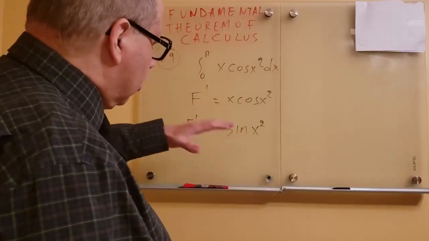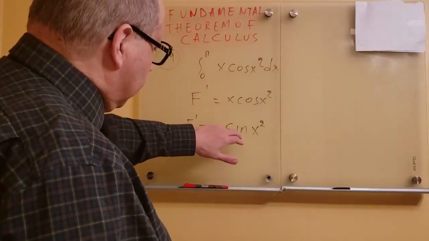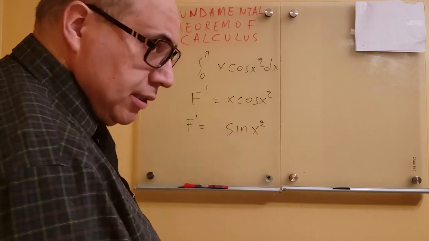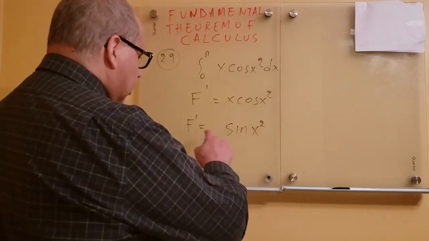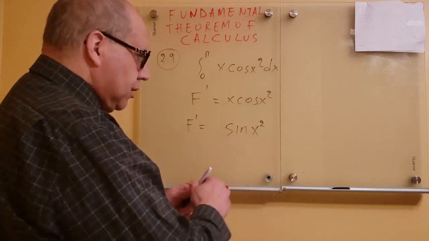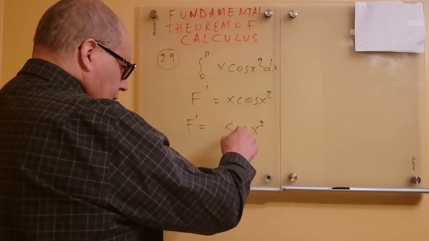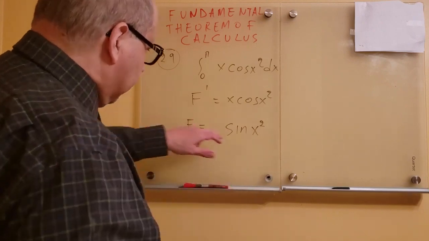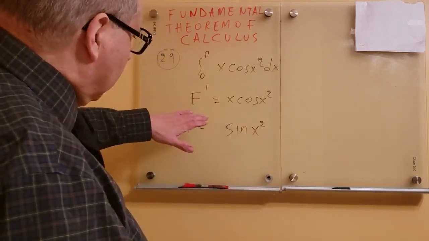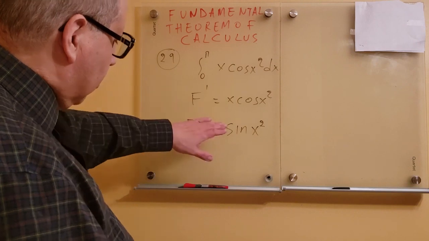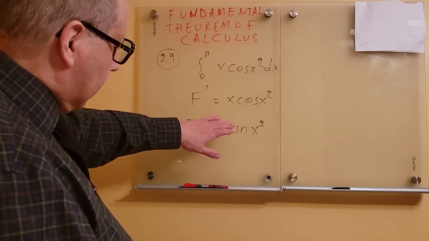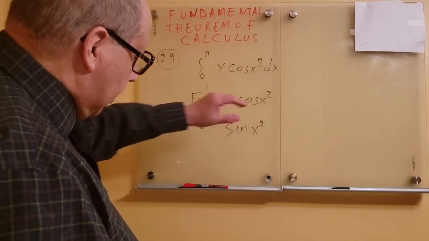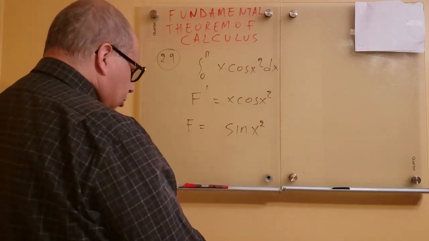Okay, so now if you try to take the derivative of this, we're not finished yet, but actually the f is equal to this. So if you take the derivative of this, it should give you this here. So let's try to find it.